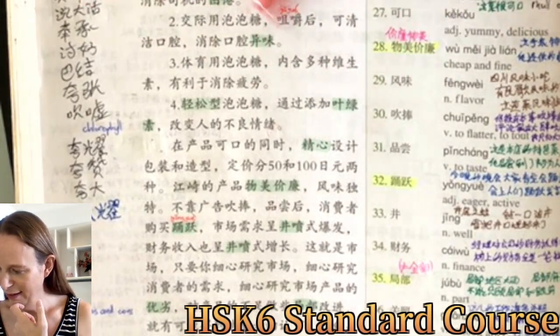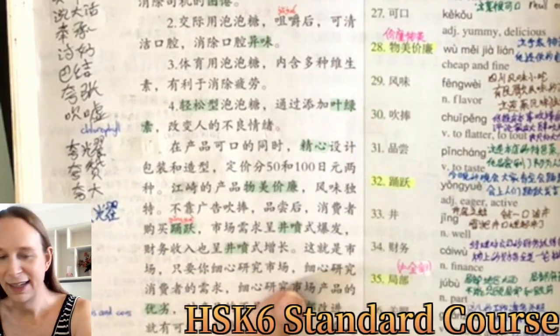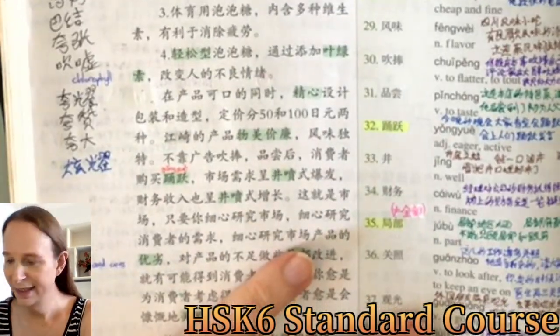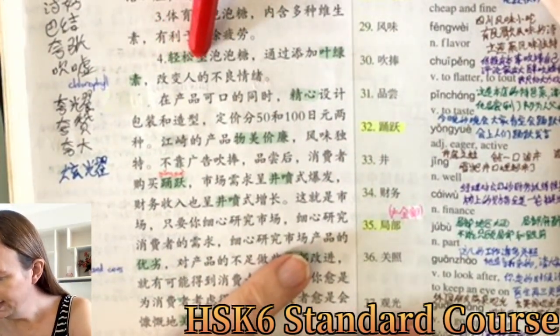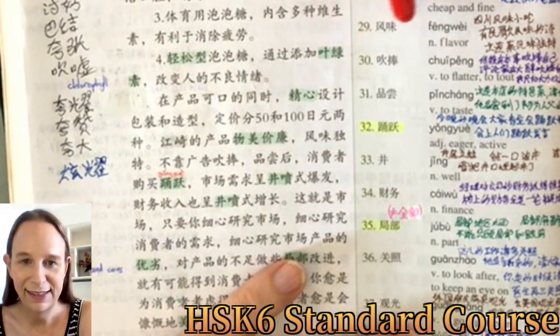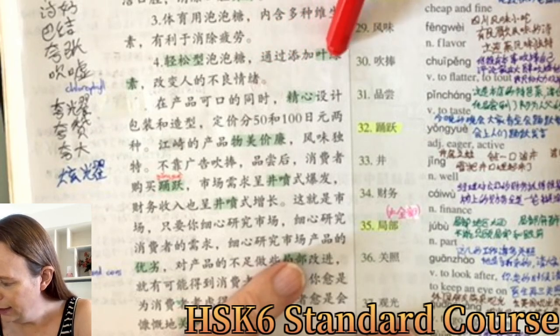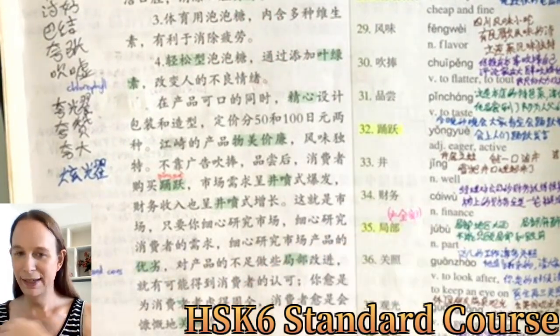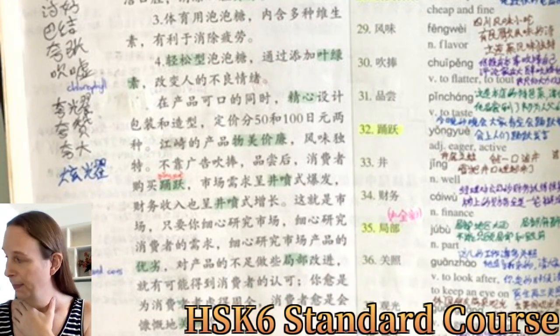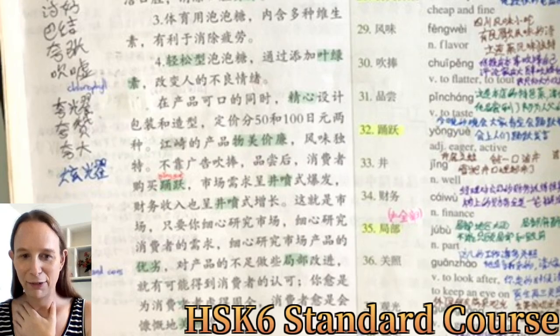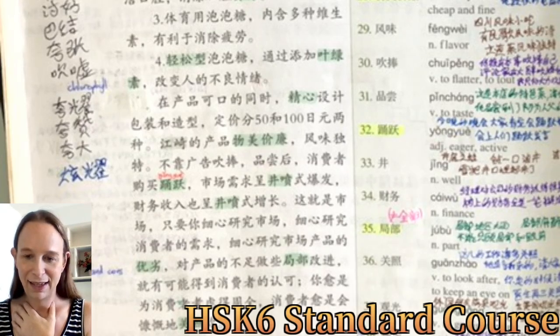I don't know. Has vitamins and eliminates tiredness. 轻松型泡泡糖。This is for relaxing, is it? 通过添加叶绿素。叶绿素 is what's it called? The green pigment in plants?